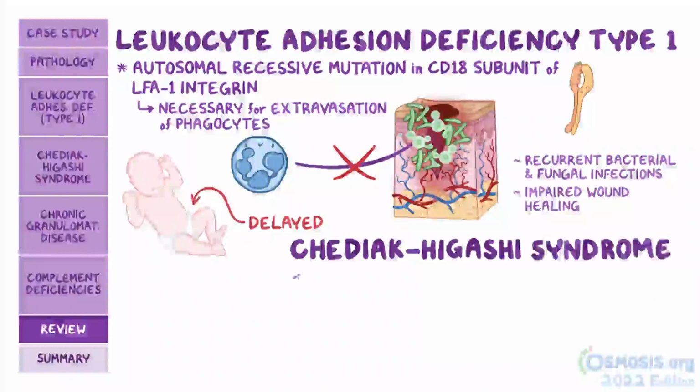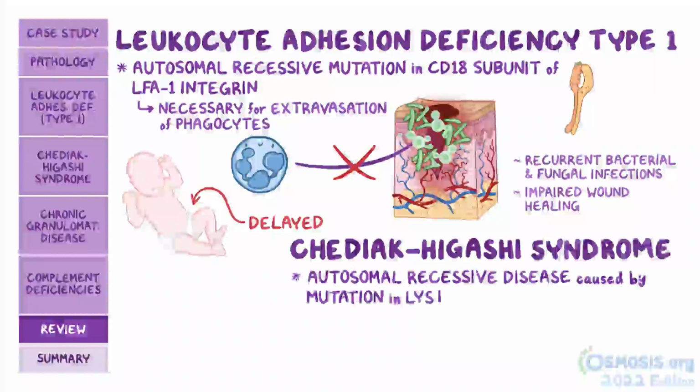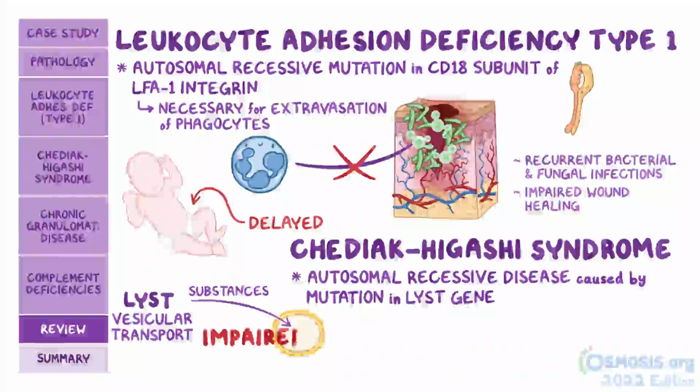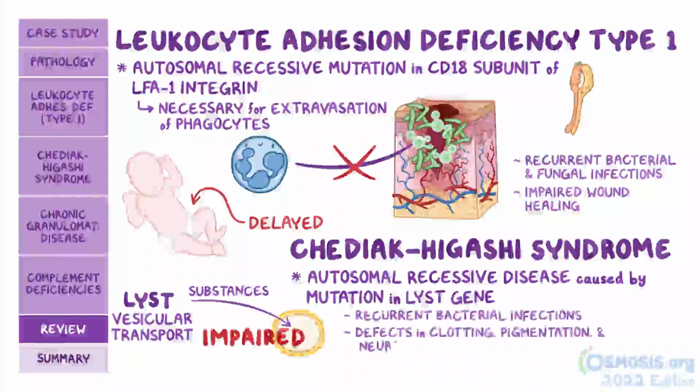Chediak-Higashi syndrome is an autosomal recessive disease caused by a mutated LYST gene, which impairs vesicular transportation, particularly to lysosomes, and is characterized by recurrent bacterial infections as well as defects in blood clotting, pigmentation, and neurologic function.